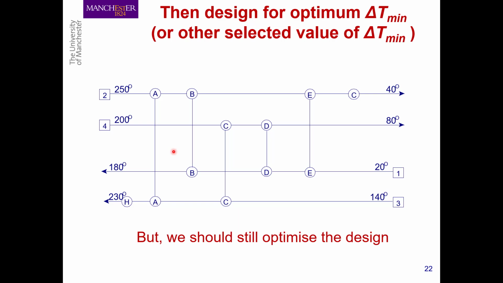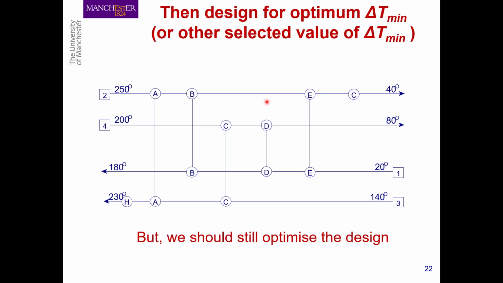So let's say if you are looking at overall cost target, it means that your process is designed at a suboptimal level in terms of energy recovery. So whatever the situation is, you are always looking to further optimize this HEN network.